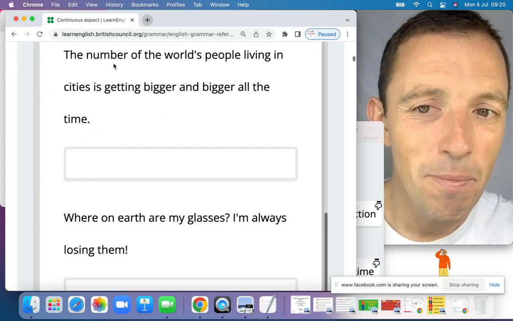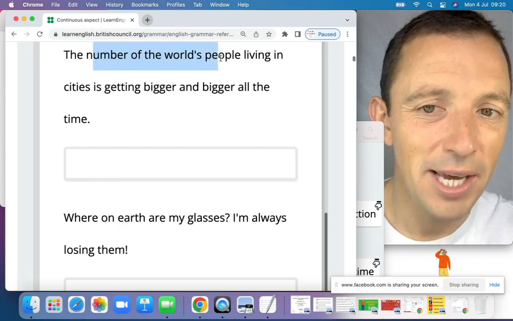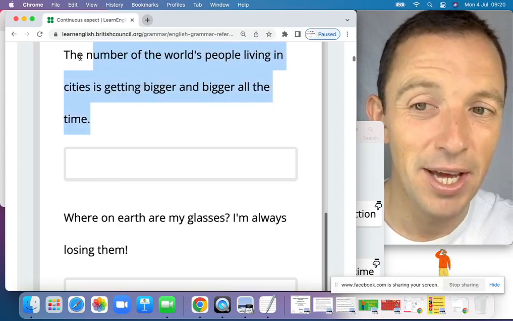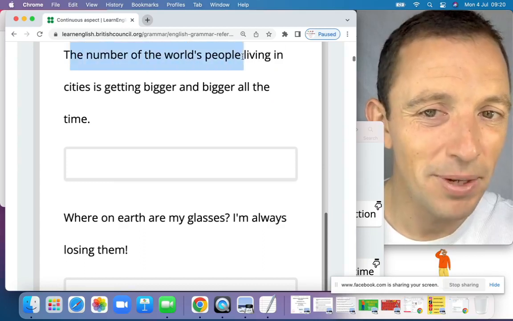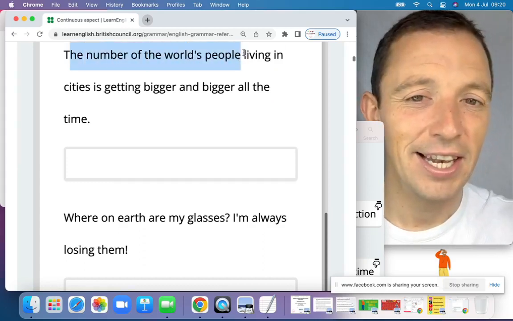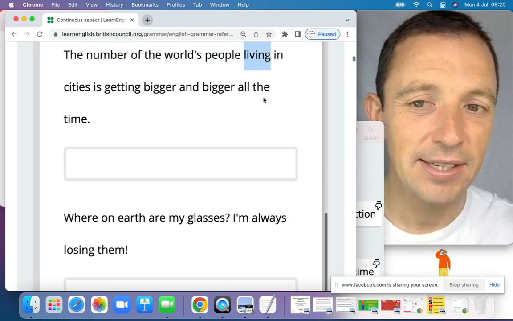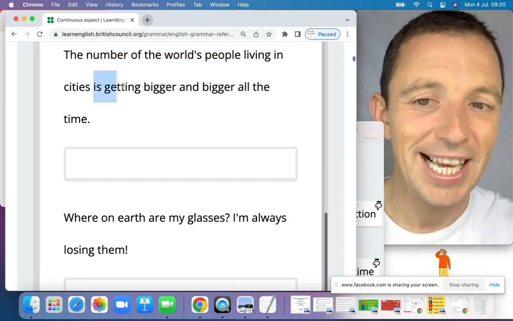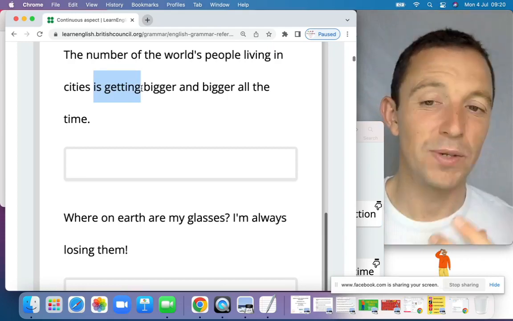Next, the number of the world's people living in cities is getting bigger and bigger all the time. So the number of the world's people is the subject. Living is an activity or an action in cities. Is getting, this is the present continuous.